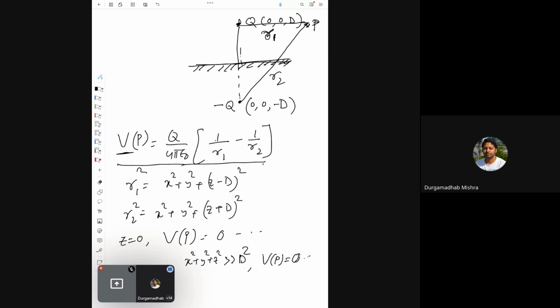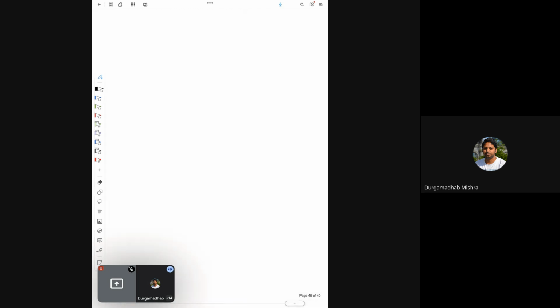Also, you have to change the sign of that charge. So if it is plus q, it will be minus q. This is a mirror reflection, and you find the potential due to this isolated charge configuration. Then it is simple, and you will be able to find the potential very easily.